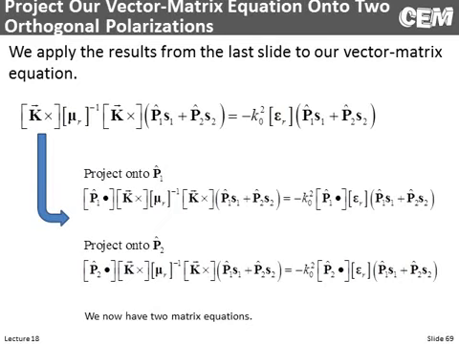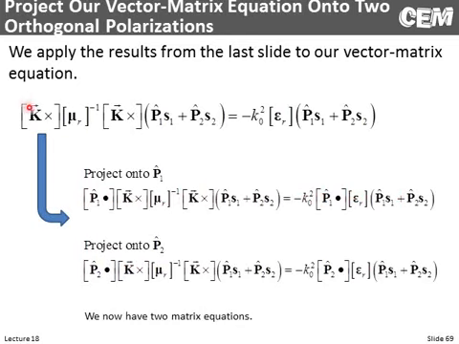Okay. Recall this equation. We took our original three-dimensional eigenvalue problem, expanded the electric field into two orthogonal polarizations. Now we're going to take this matrix equation, we'll project it onto P1, and we'll project it onto P2.